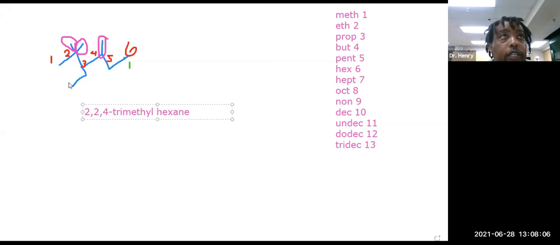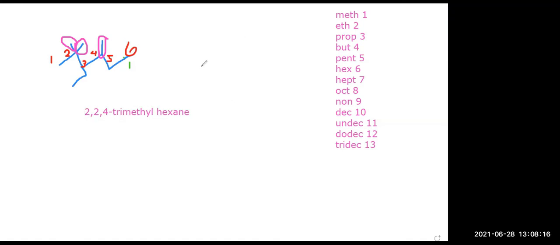Okay. And what is on the third carbon? What group is that? Ethyl. That's right.